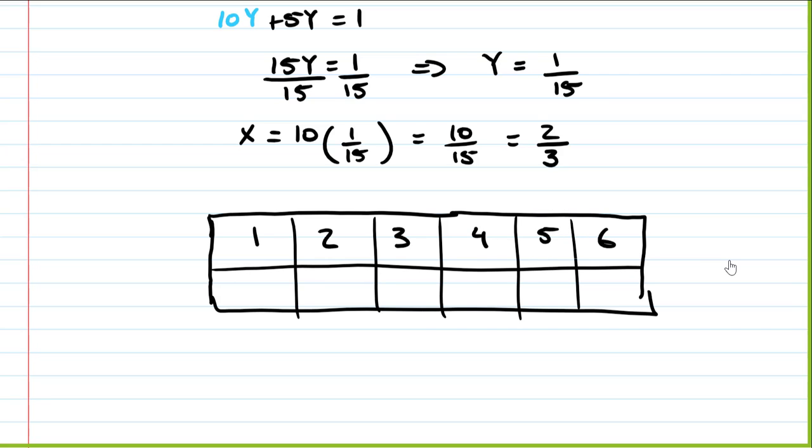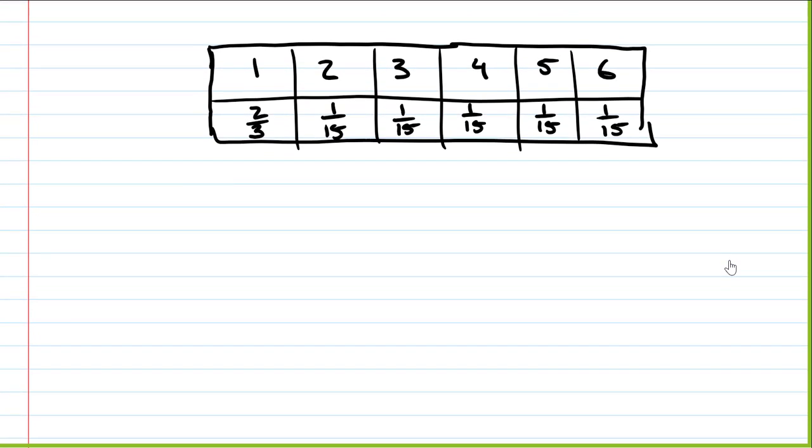And our x is 1 is going to be 2/3, and everything else is 1/15. So that's our probability distribution.